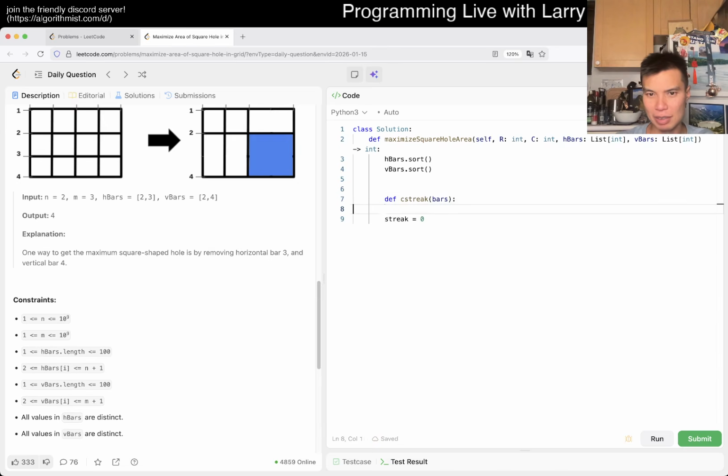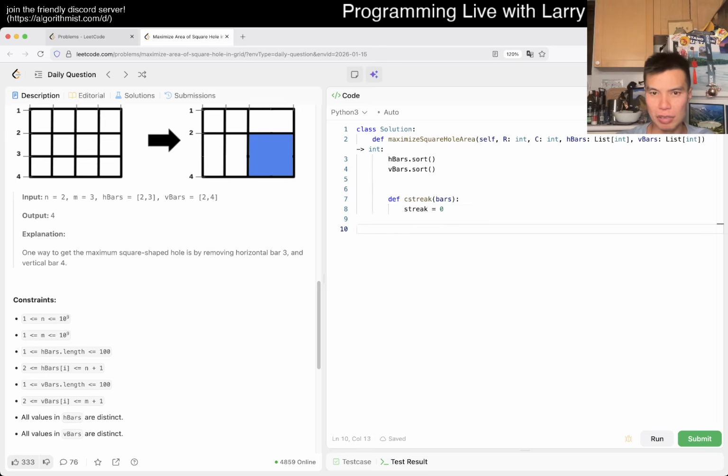We have bars, right? And we have for B in bars. We'll just skip the previous one, maybe. No, let's just do it. I always do it this way a little bit. Doesn't really matter, right?